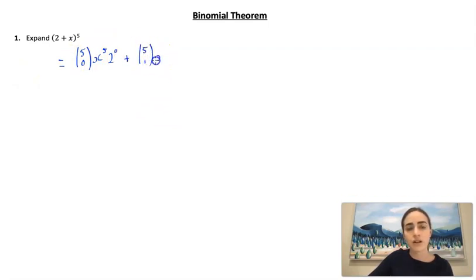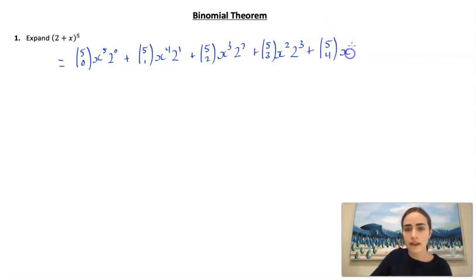Then we've got 5C1 x to the 4, 2 to the 1, plus 5C2 x cubed, 2 squared, 5C3, sorry, the x's are going down, x squared, 2 cubed, plus 5C4 x to the power of 1, 2 to the power of 4, and 5C5 x to the power of 0 and 2 to the power of 5.